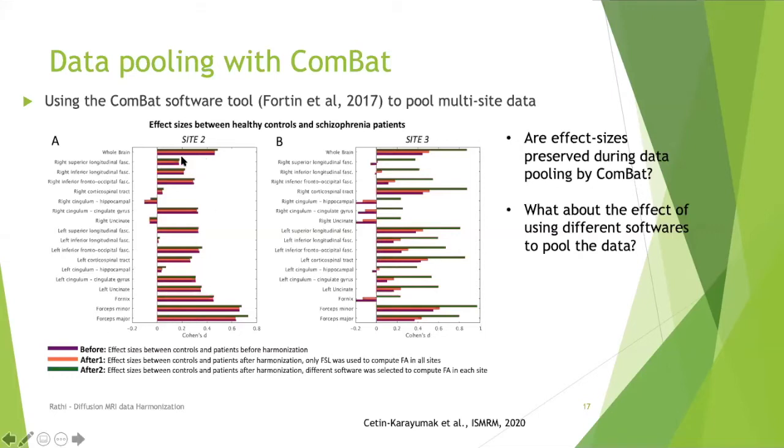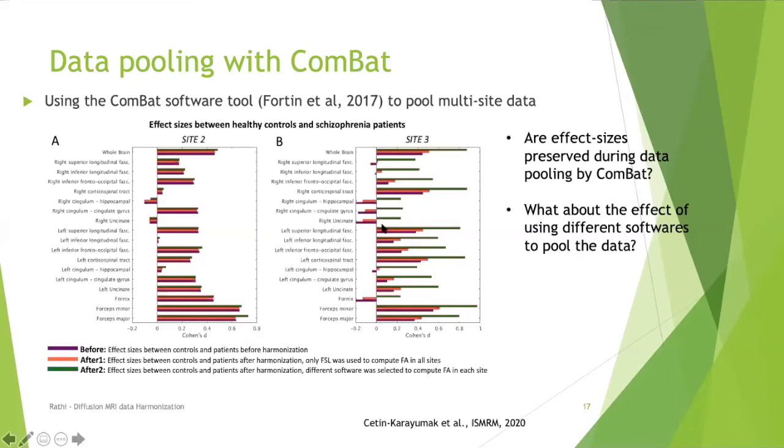So for site 2, what you see here for each of the bar graphs is different areas of the white matter. For site 2, pretty much everything behaves as we think it should, which is that before and after harmonization, the effect sizes pretty much stay the same. But things become a little bit different for site 3. Here you can see that if you process the data with the same processing stream, the before and after harmonization stays the same, which means the effect sizes are pretty much the same.